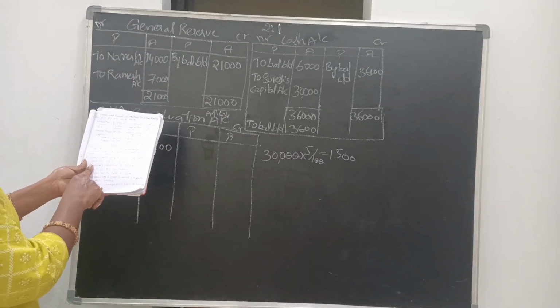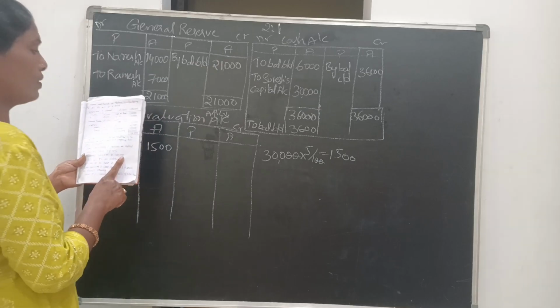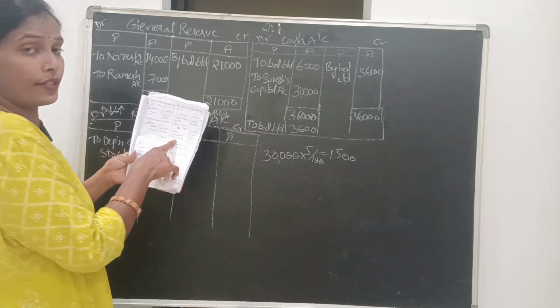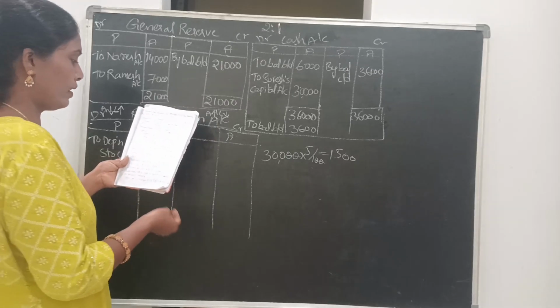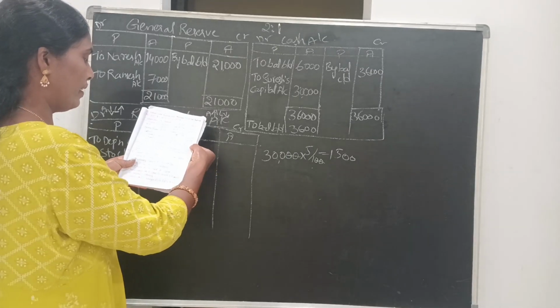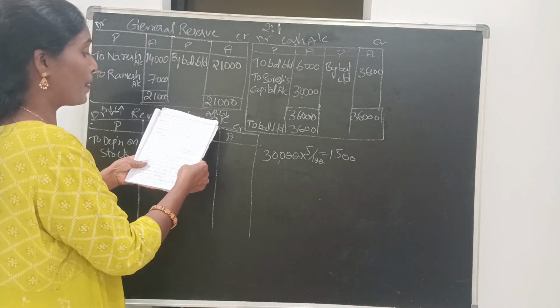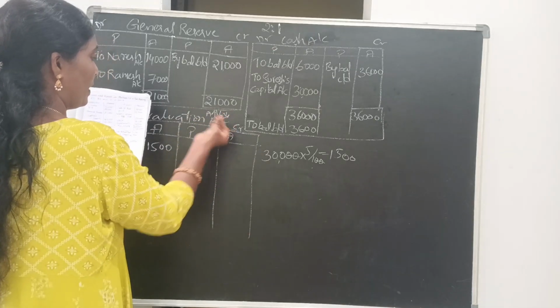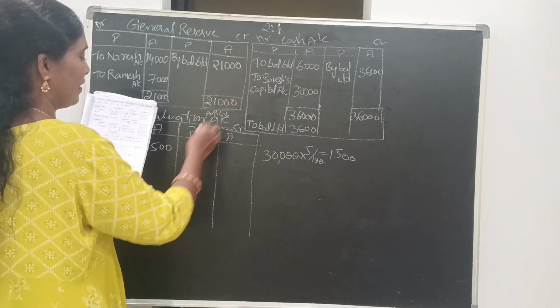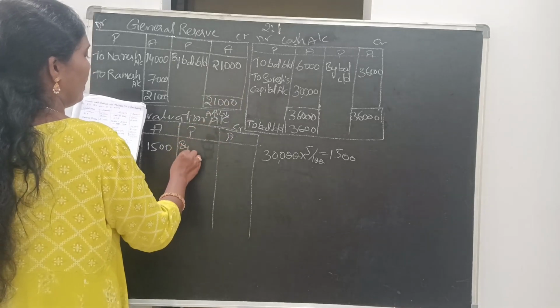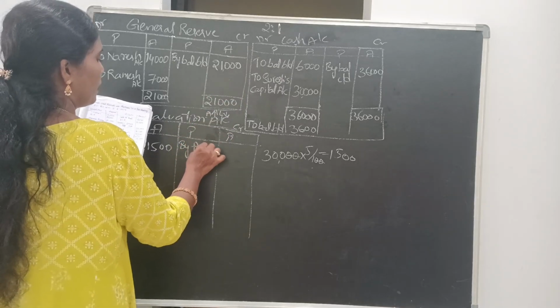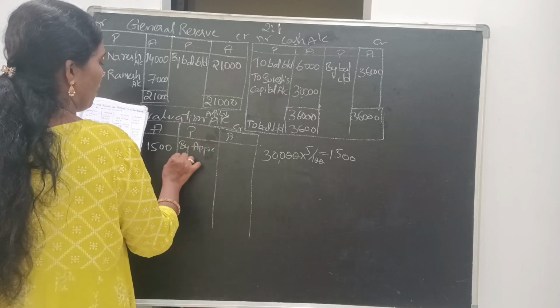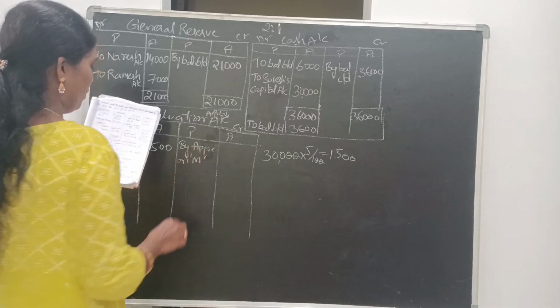Next, machinery valued at 50,000. So what is the value of machinery here? 45,000. So here machinery value is appreciated, so increased. Machinery is an asset. Asset is increased, so write down on the credit side appreciation on machinery.